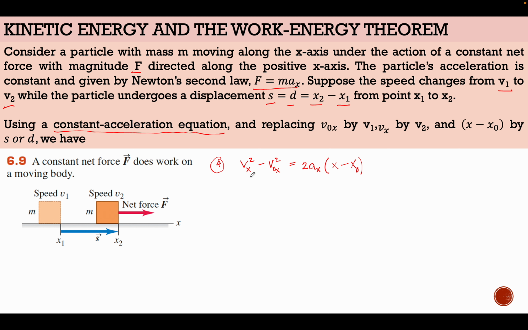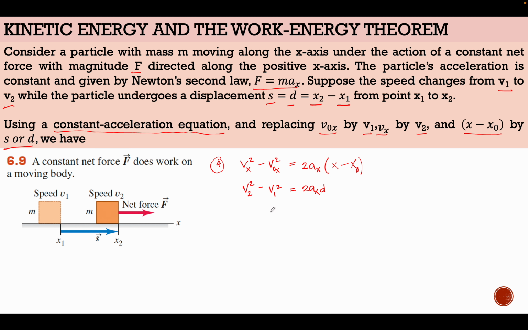Now if we replace v sub ox by v sub 1, v sub x by v sub 2, and x minus x sub o by d, we have v2 squared minus v1 squared is equal to 2 a sub x times d.